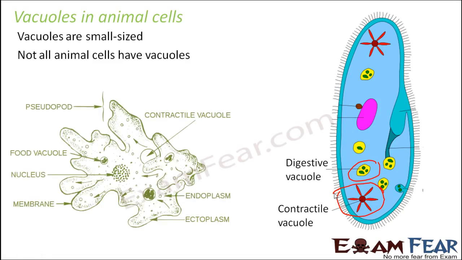Again, if you look at an amoeba, they have a contractile vacuole like this. So the presence of vacuole in animal cells depends on whether it is there or not. If it is there, whether it is used for excretion or for storing food or engulfing food, that depends from one cell to another.